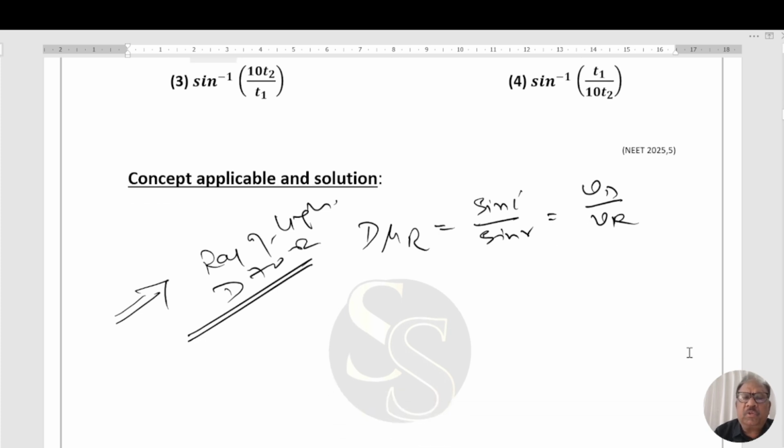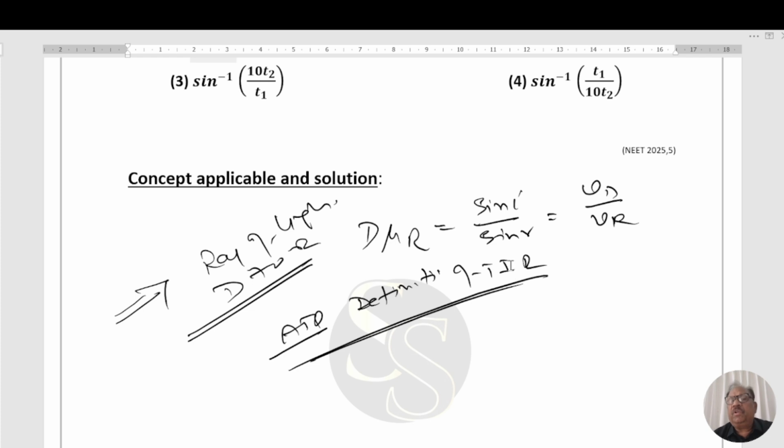Now, according to the definition of TIR, r equal to 90 degree, corresponding to that i equal to IC, the critical angle.